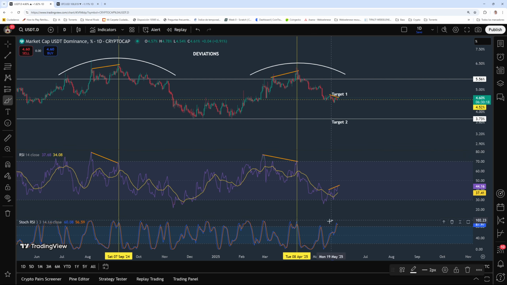So the thing is, we shouldn't forget that USDT has been in this huge range for more than a year, right? With just slight deviations, a bottom retest, and another deviation.